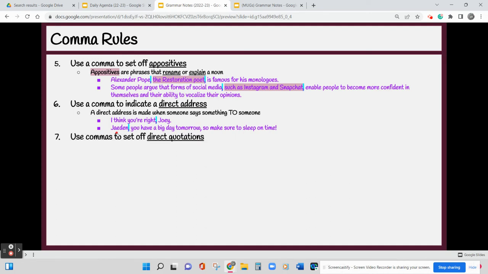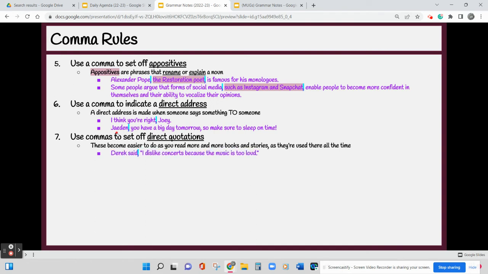We also use commas to set off direct quotes. You are going to be using this especially when we do our essays and blending quotes. But you're also going to keep an eye out for these as we read short stories and other texts. So the more you read, the more you will notice these.